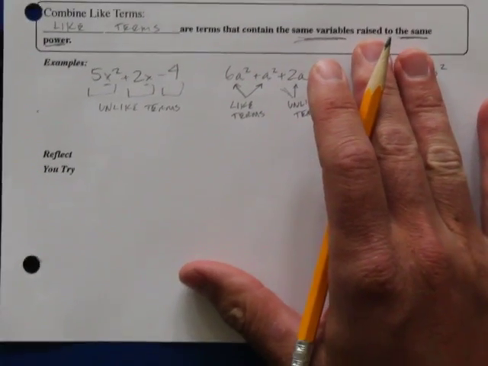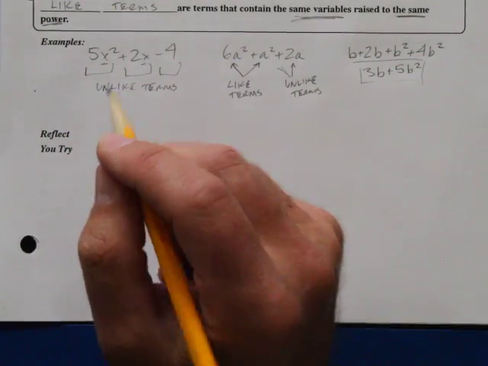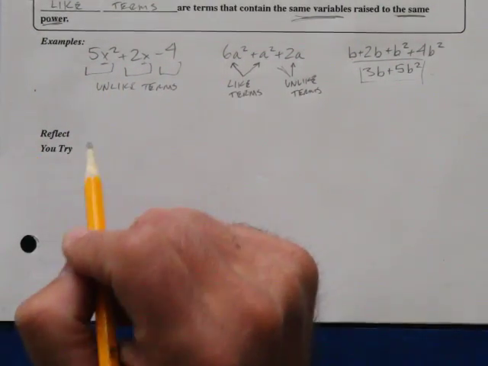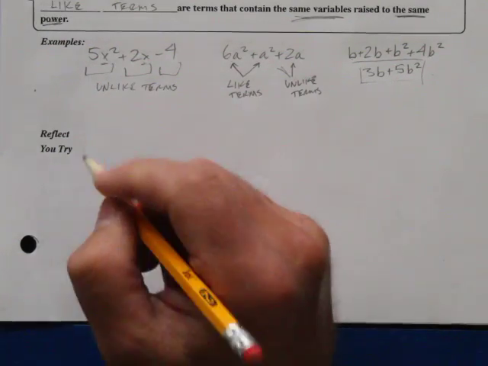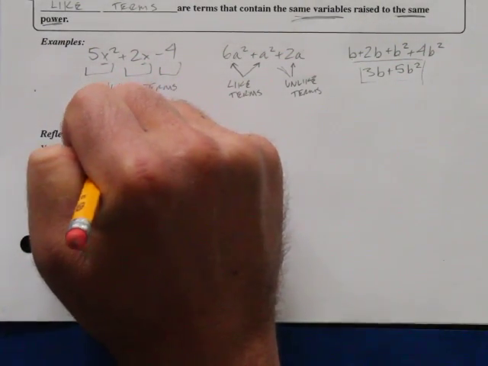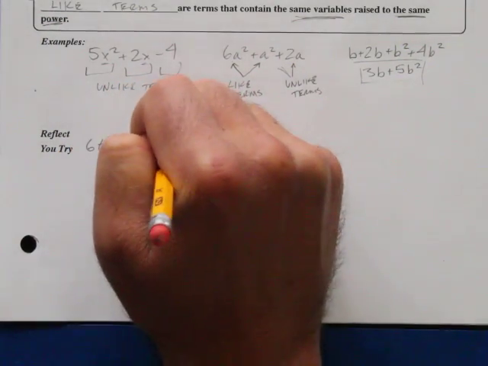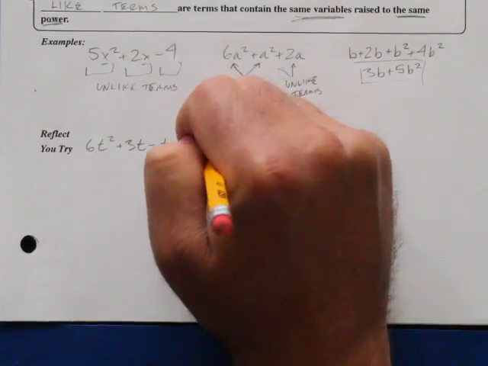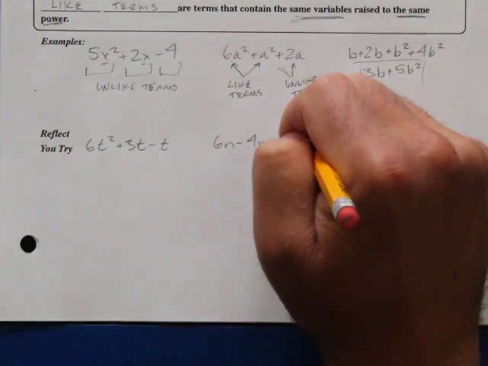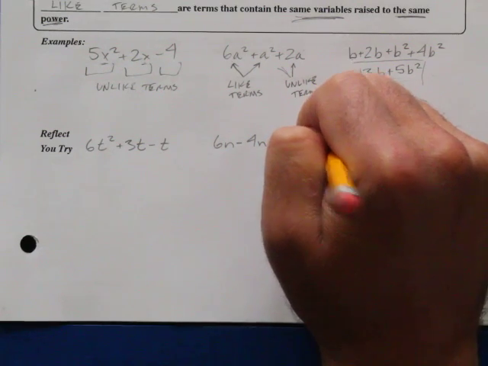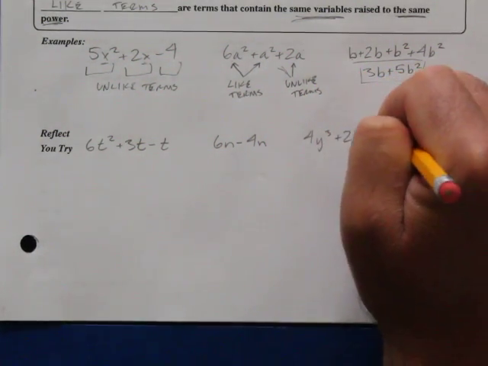Okay, so what you're going to do here, I'm going to give you 3 problems, and you are going to combine like terms, which means add or subtract them. So 6t squared plus 3t minus t, and then 2 more, 6n minus 4n, and 1 more, 4y cubed plus 2y minus 8y plus 5.